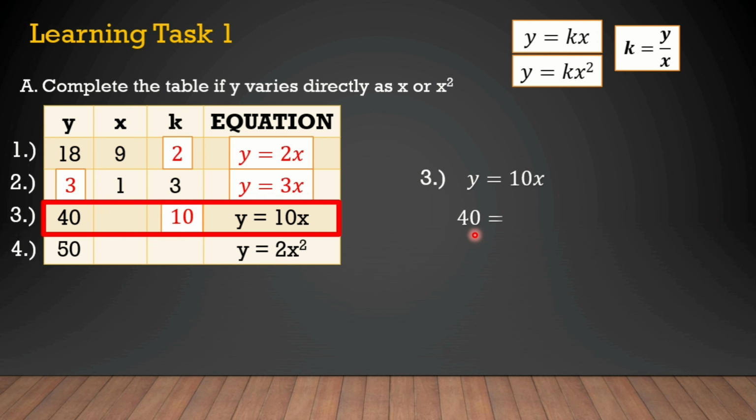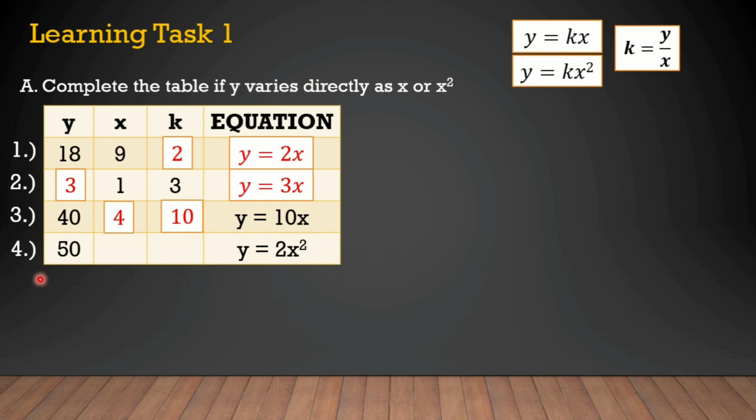Tapos, y is 40. Substitute lang natin. Then, 10x. Since hinahanap natin yung value ng x, para x na lang ang matira dito sa right side, i-divide natin both sides of the equation ng 10. Then, 10 divided by 10, cancel na natin yan kasi sagot niyan ay 1. So, x na lang matitira dito. Then, 40 divided by 10 is equals to 4. Therefore, x is equals to 4.